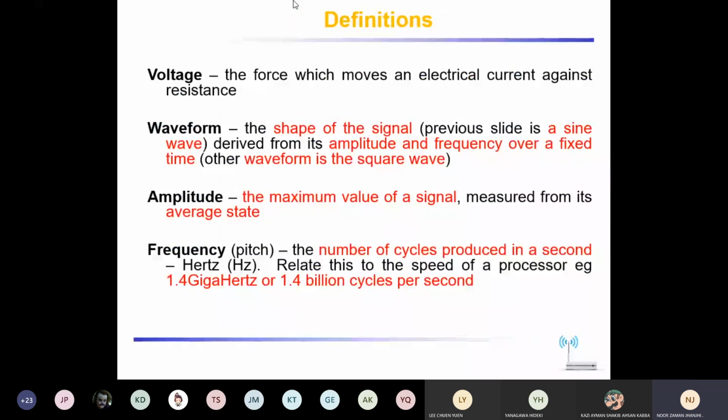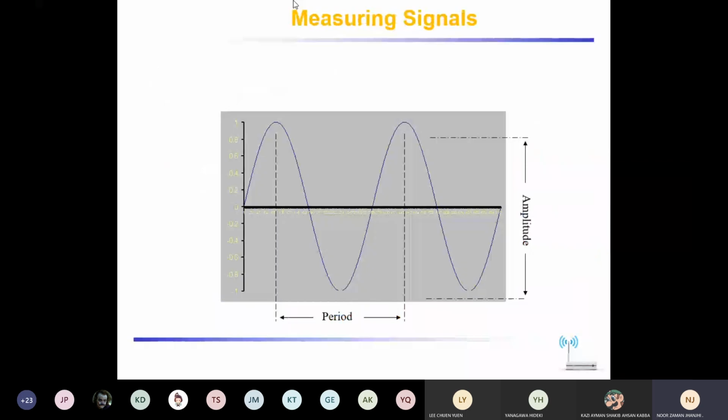The shape of the signal on the previous slide is a sine wave. So when you read in books or online resources about a sine wave, you will understand what they mean. The things are very simple, nothing to worry about. You just need to understand the concept.